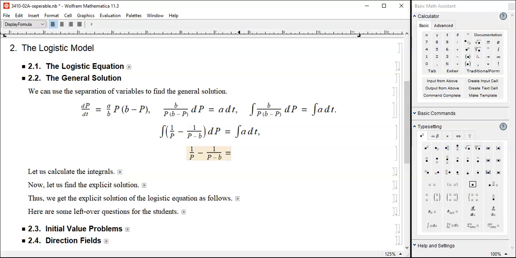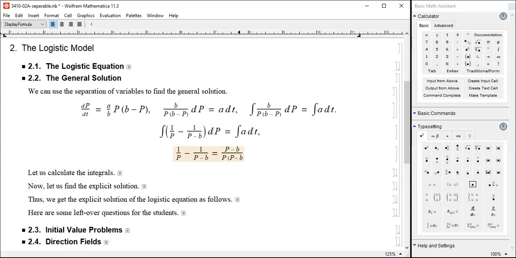And then let's take common denominator, p minus b over p times p minus b minus p over p times p minus b. I just took the common denominator. And then what do we have? We have p minus b minus p in the numerator, and then the denominator is p times p minus b.